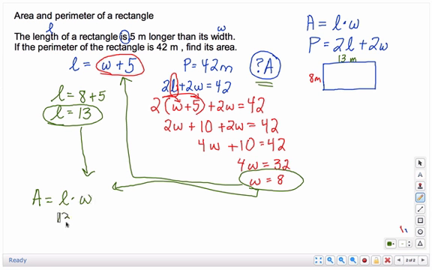So length is 13 times width is 8, and this would be meters times meters, which will give us a total of 104 meters squared, because meters times meters would be meters squared. And that is how you find the area given information about the length and the width and the perimeter.